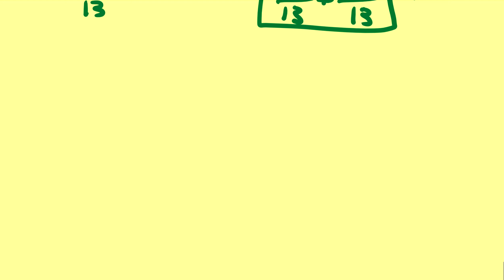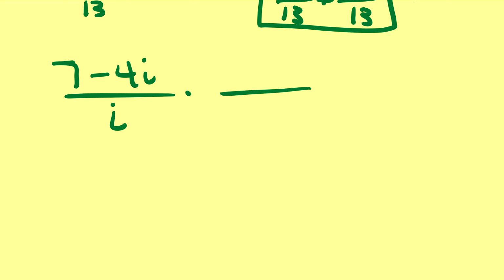Okay, so now when we're looking at a problem here in example 11, let's say we have 7 minus 4i, and it's divided by i. All right, so now I can take this and I'm going to multiply top and bottom by its conjugate.